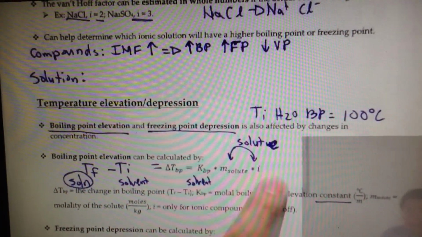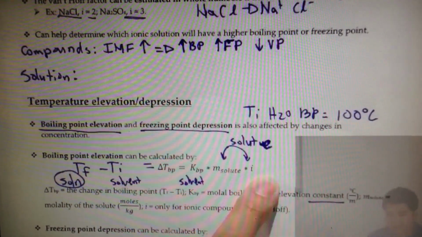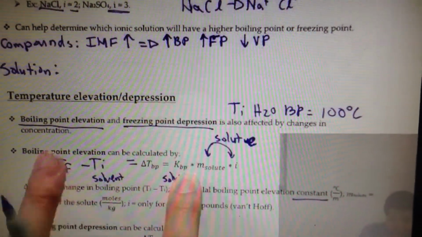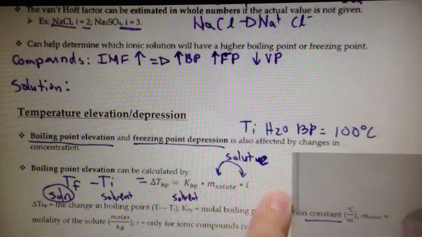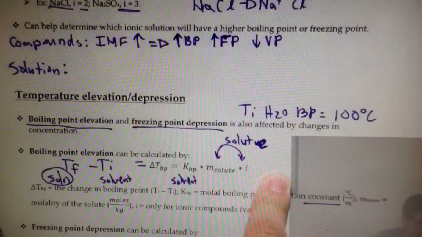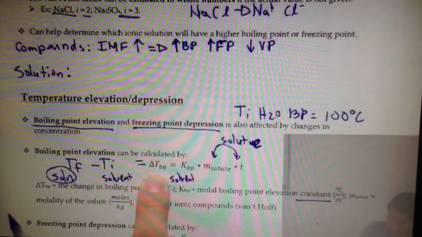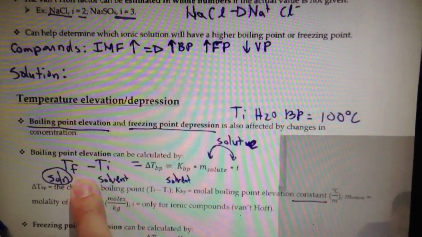M and I. Does everybody agree with that? Because if you have a high M times I, you have a high delta T. So that means you have a high T final.